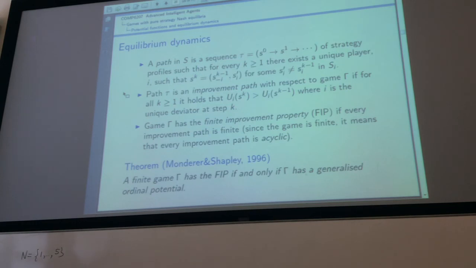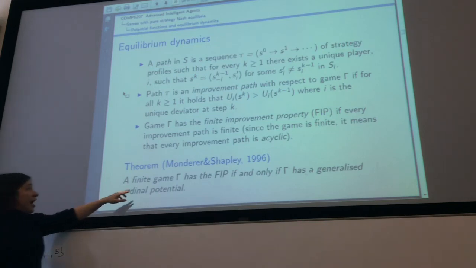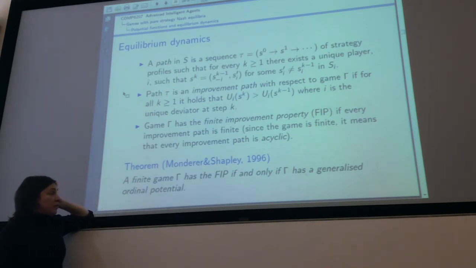And then we know that because the game is finite, we will reach some local maximum. There will be a Nash equilibrium. So not just we have a Nash equilibrium in this game.